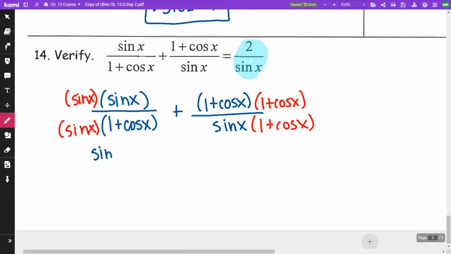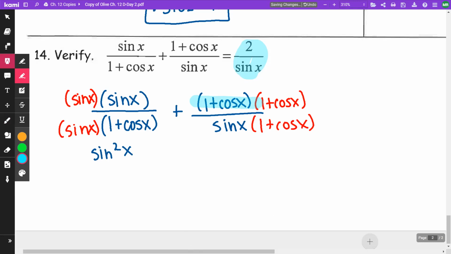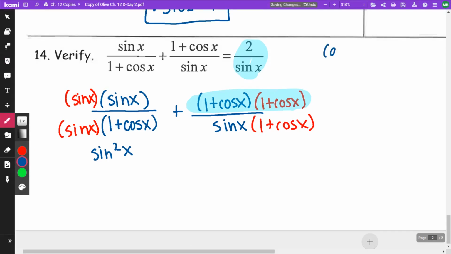So I'm going to get sine squared x. Now over here, this is a perfect square trinomial. That's really an a plus b squared, which ends up being squaring the first, a squared, multiplying them together and doubling it, 2ab, and then squaring the second. So I am going to get a 1.